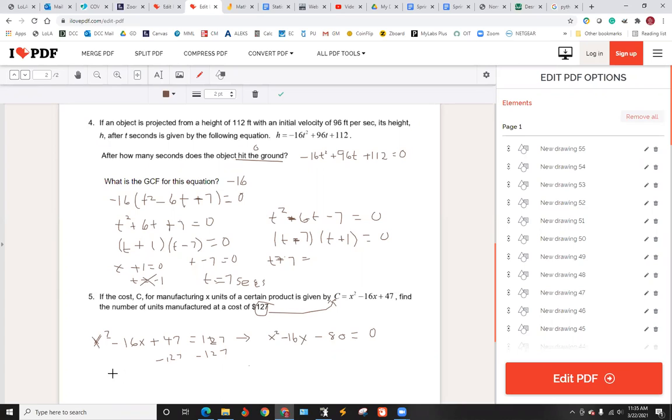So find the factors of 80. Let's see. 20 and 4 looks like they'll do it. Difference of 16.